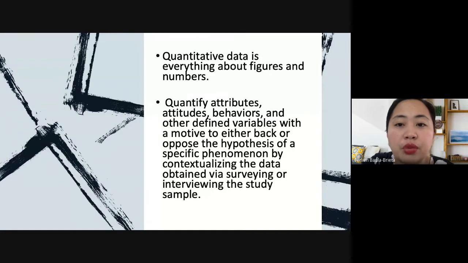So it quantifies by contextualizing the data obtained. Yung mismong raw data ninyo will be contextualized. It was obtained, diba, via survey or interview of the study. Then it will be contextualized according to your research topic. So that is quantitative data.